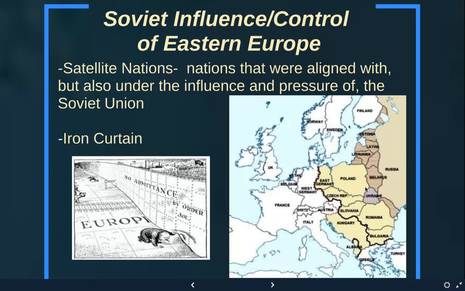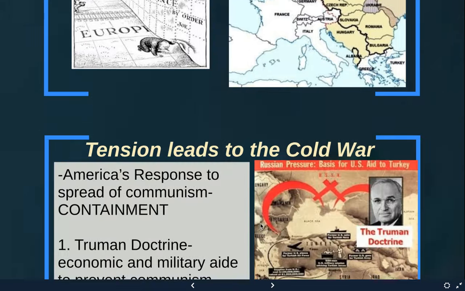And so at this time, Joseph Stalin is the leader of the Soviet Union. So you notice in this political cartoon, it says no admittance by order of Joe, meaning Joseph Stalin. So basically, everything that's going on over here, the democratic Western world, so this part, doesn't really know what's going on.